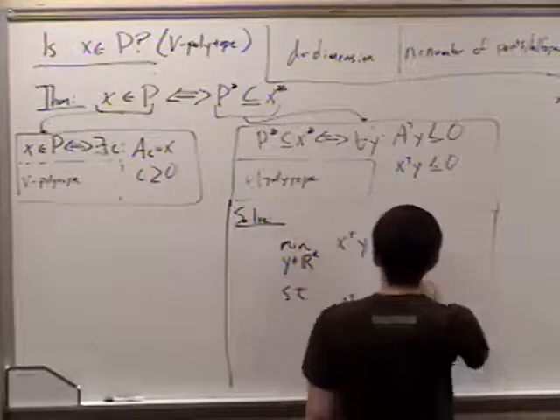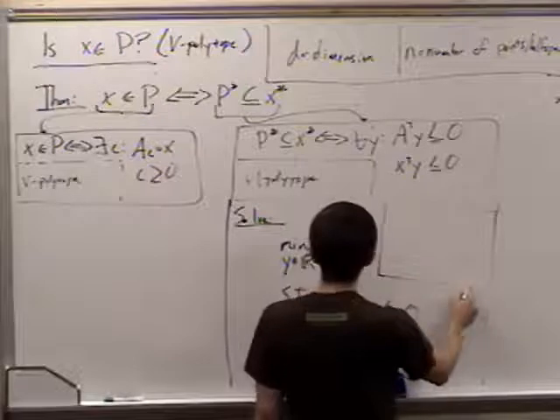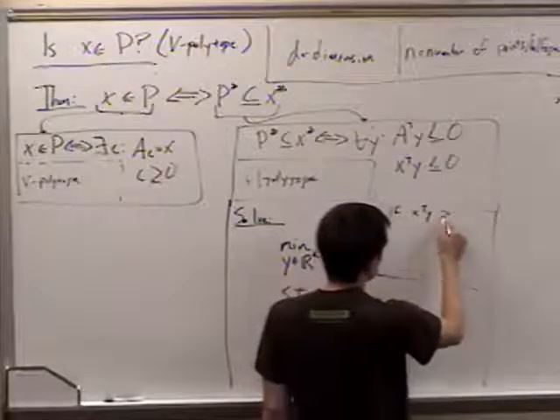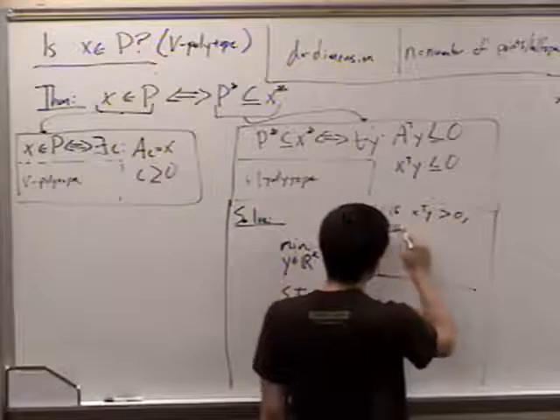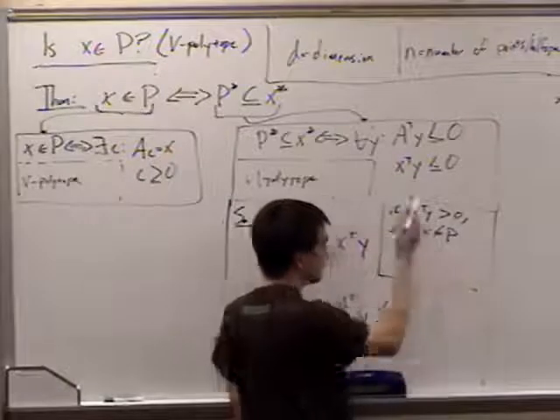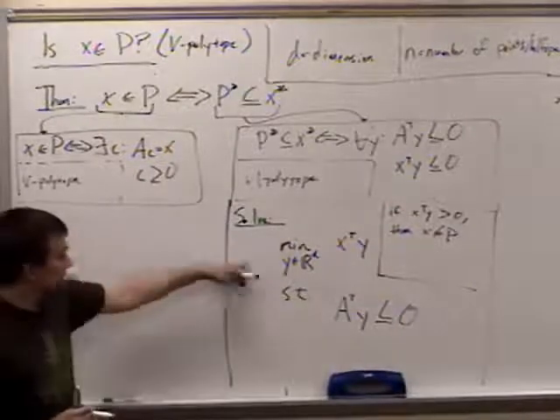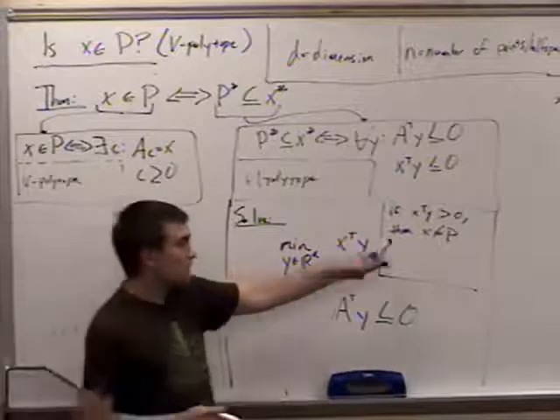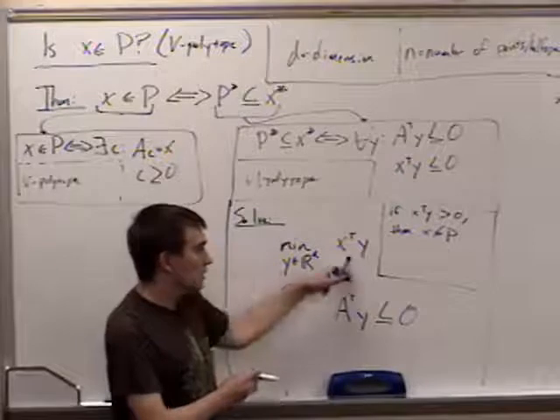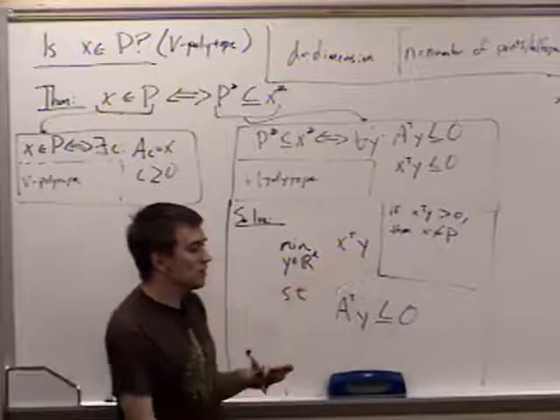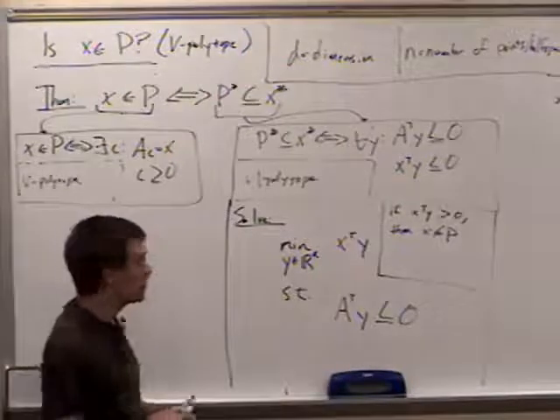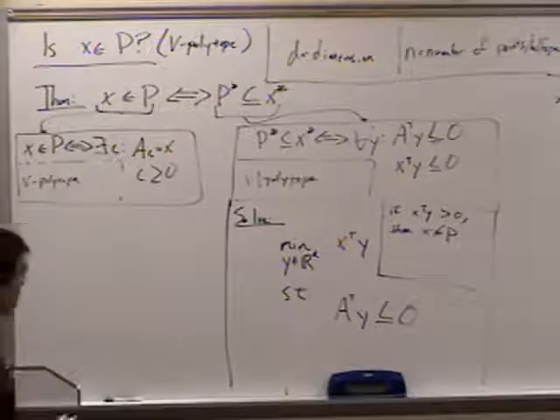All right? And here's the conclusion. We'll say that if x transpose y is greater than 0, then x is not in P. That's the moral, right? This is the bottom line. So if we can solve this problem for y, and at the end of the day the smallest possible value that we could pick for y ended up giving us something greater than 0, then we definitely know that x is not contained in the polytope.